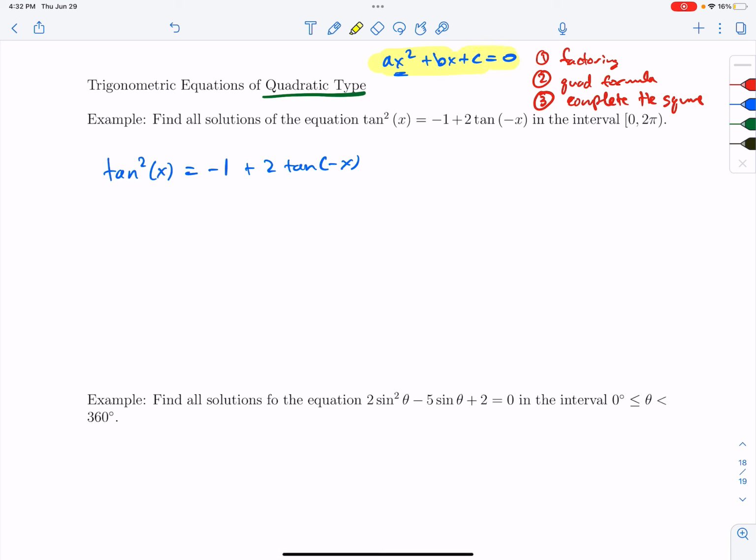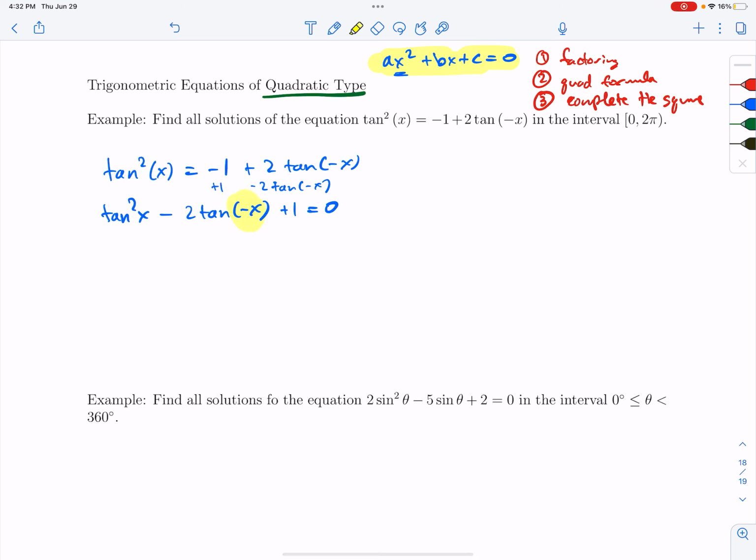So we always want the squared term first, the x or the b term second, and then the c term. So I'm going to do that with this trig equation. So tangent squared of x minus 2 tangent of negative x, and then add 1 here, subtract 2 tan negative x. So plus 1 is equal to 0. So there's my new equation.